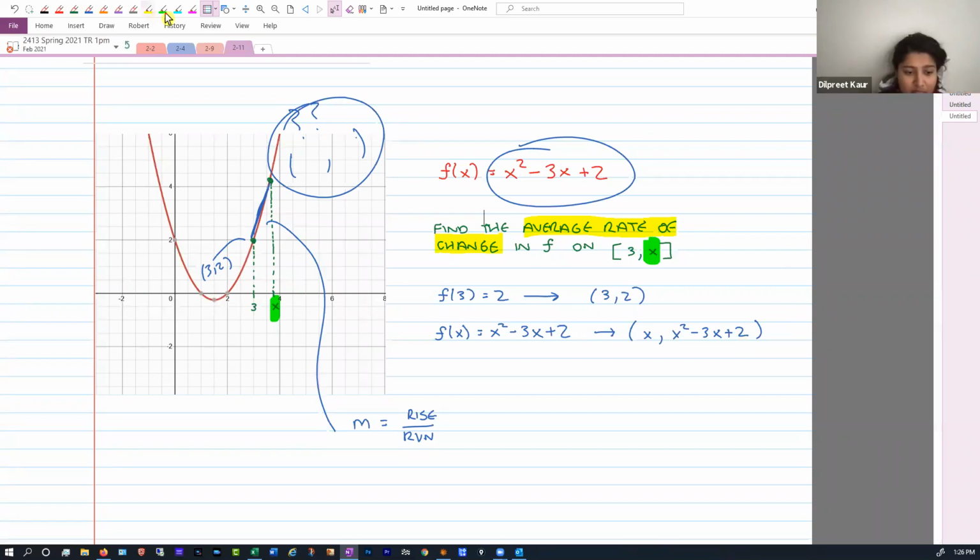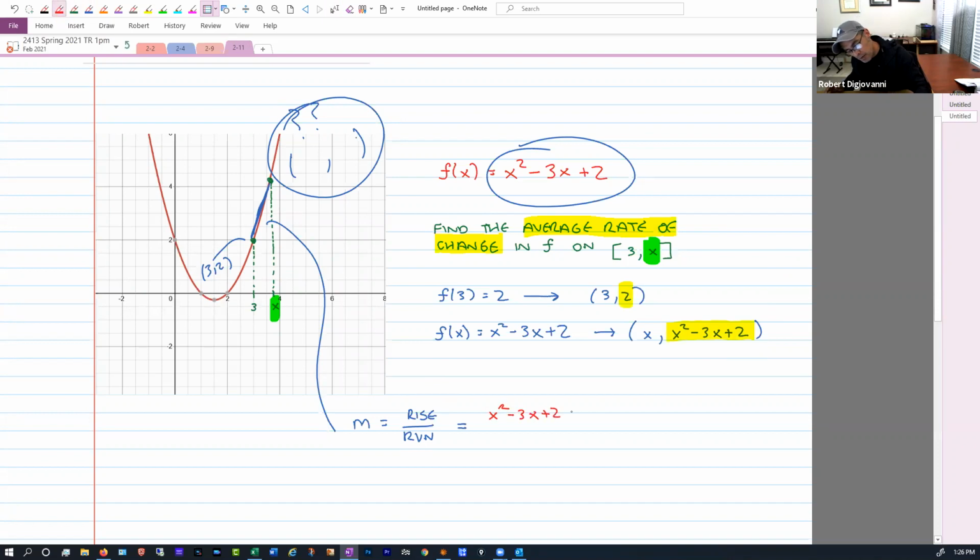Now, what were we doing before? To find the rise, didn't we do the difference of the y coordinates? So let's start with this y coordinate and subtract from it that y coordinate. I'm going to take x squared minus 3x plus 2, and subtract 2. Y'all see where I'm getting that?